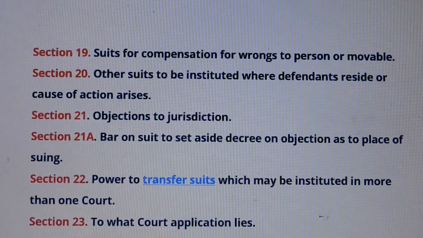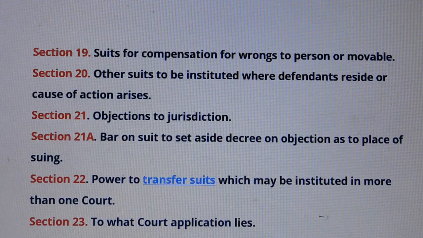Section 19 suits for compensation for wrongs to person or movable. Section 20 other suits to be instituted where defendants reside or cause of action arises. Section 21 objections to jurisdiction.